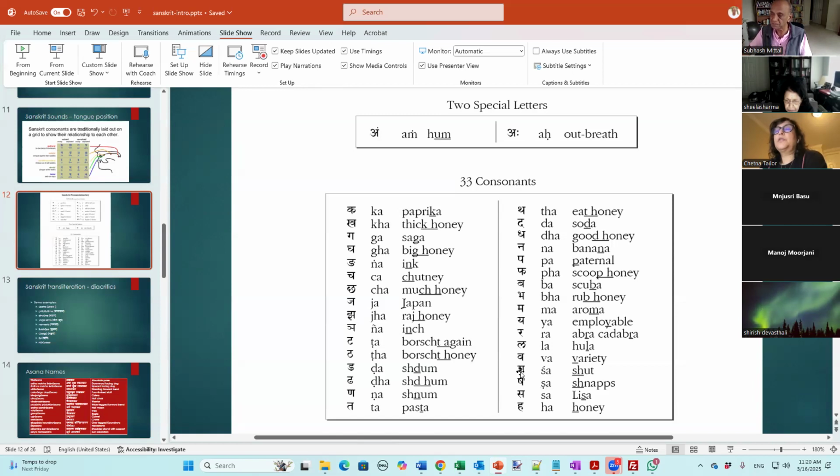Can you hear the distinction? And this, of course, is sa, like in Sam. So these two are very important to understand.